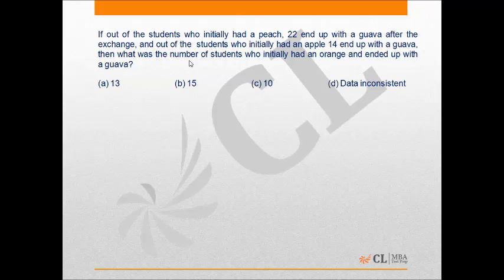If out of the students who initially had a peach 22 ended up with a guava after the exchange, and out of the students who initially had an apple 14 ended up with a guava, then what was the number of students who initially had an orange and ended up with a guava?